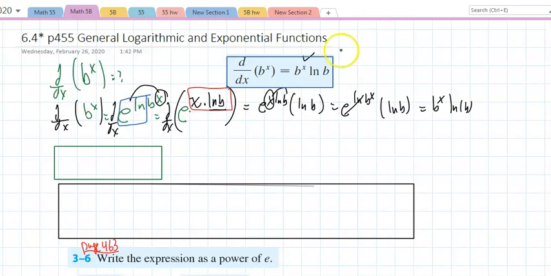And I could try to apply that rule: what if I have y equal e to the x? If I take a derivative, according to this, it's going to be the exponential times natural log of the base. The base is e. And isn't that a 1?